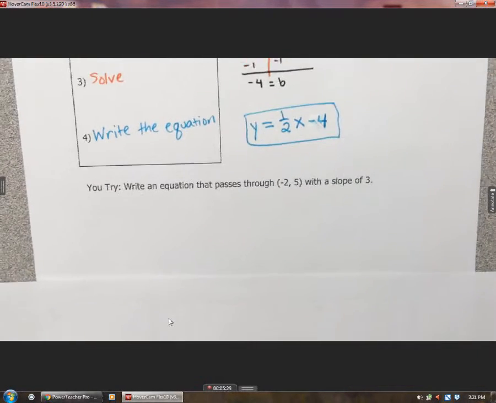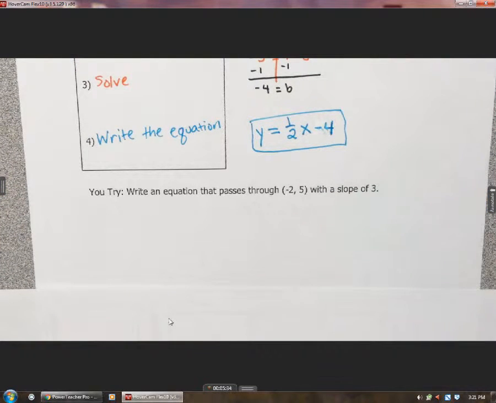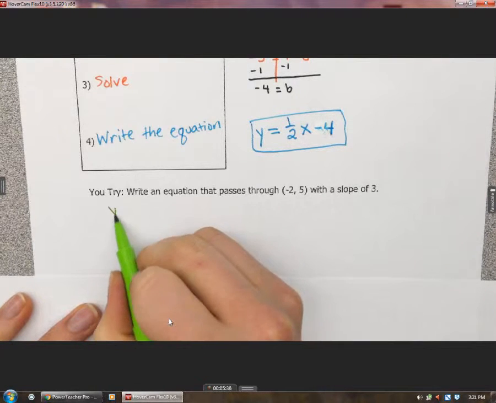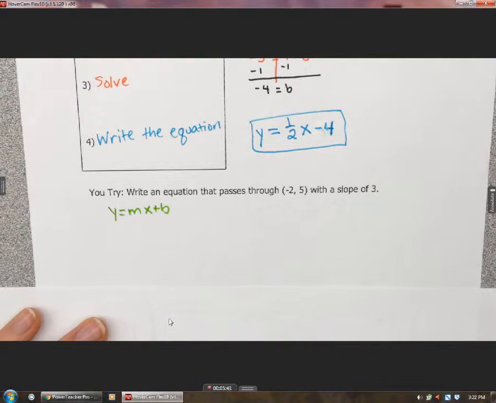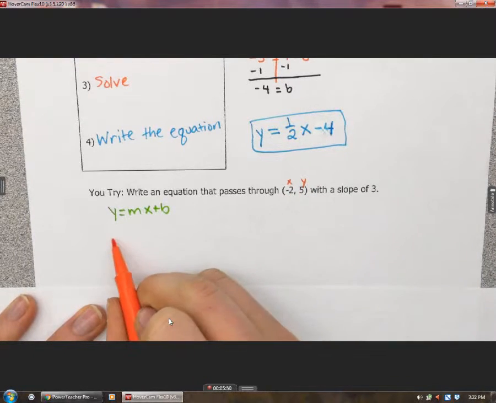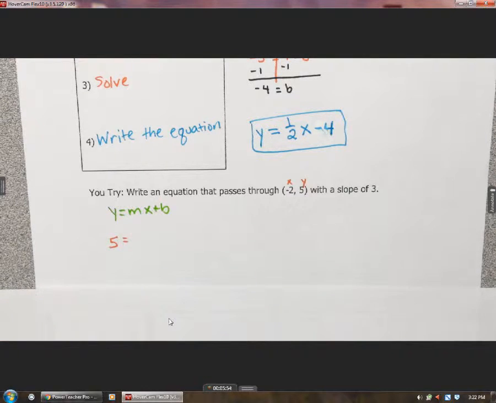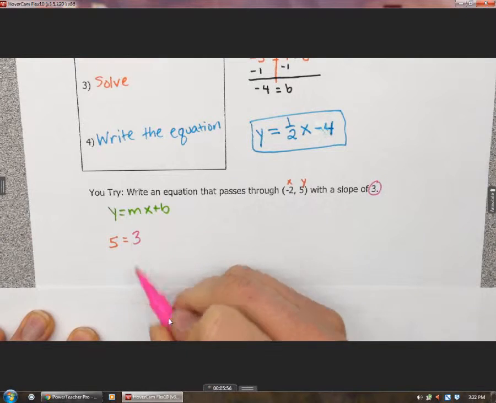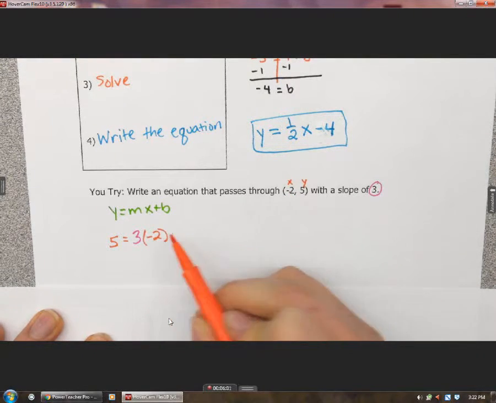Okay? This is another example. Write an equation that passes through (-2, 5) with a slope of 3. I'm following my same steps. Start by writing y equals mx plus b. Plug in what you know. Remember that the -2 is x, the 5 is y, so I could plug in a 5 for y. My slope is 3. x was -2.